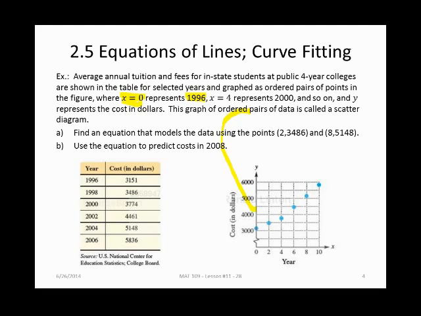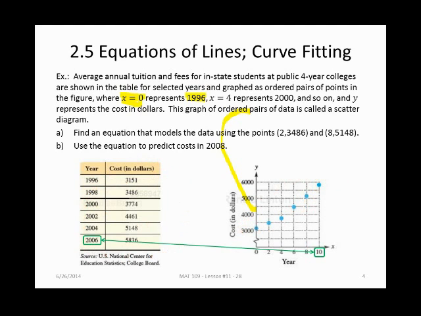In doing this, we're told a few things to help us proceed with it. The first thing that we're told is that in our model, we let x equal 0 represent the year 1996. What that means is we're not going to use 1996 in our model.